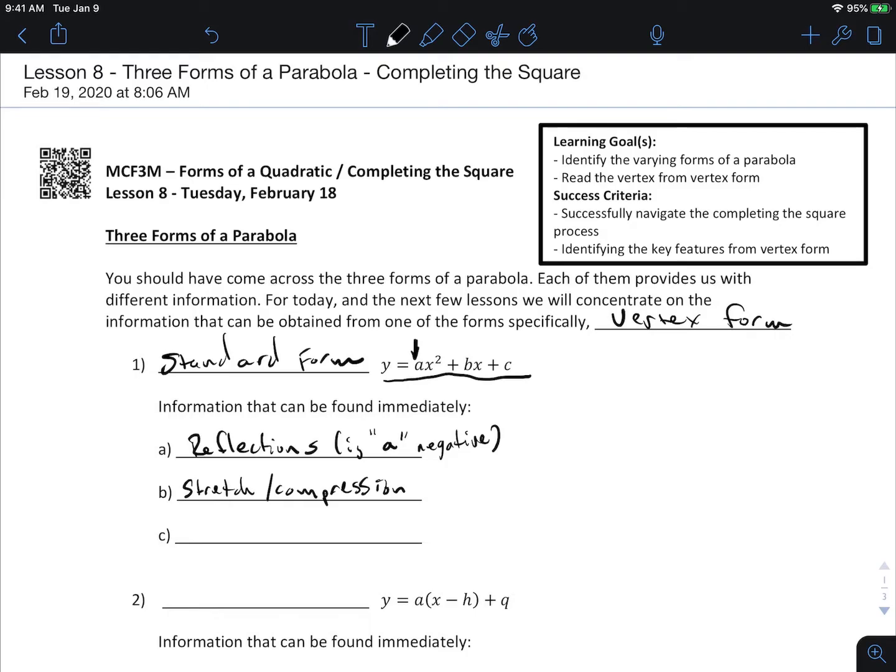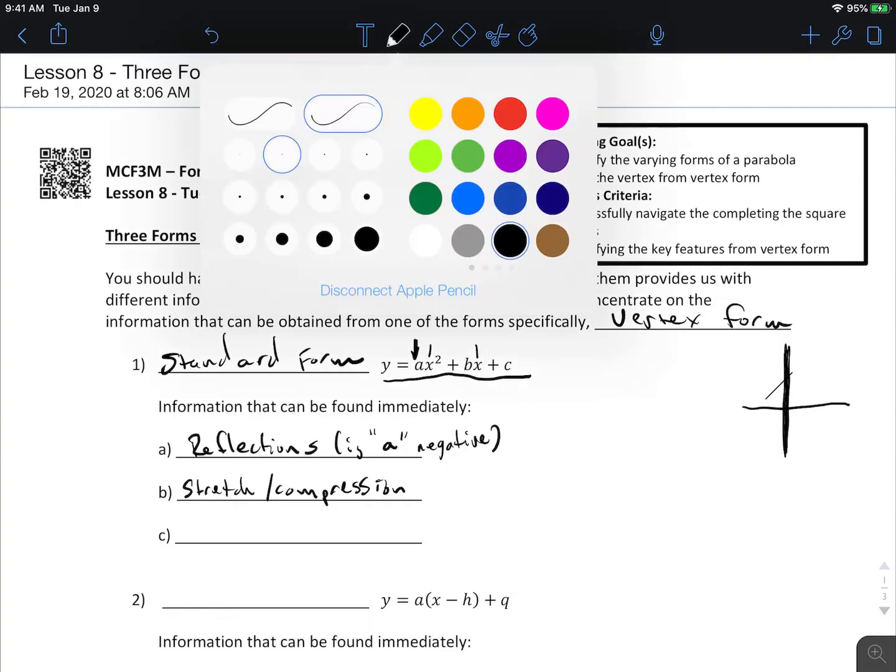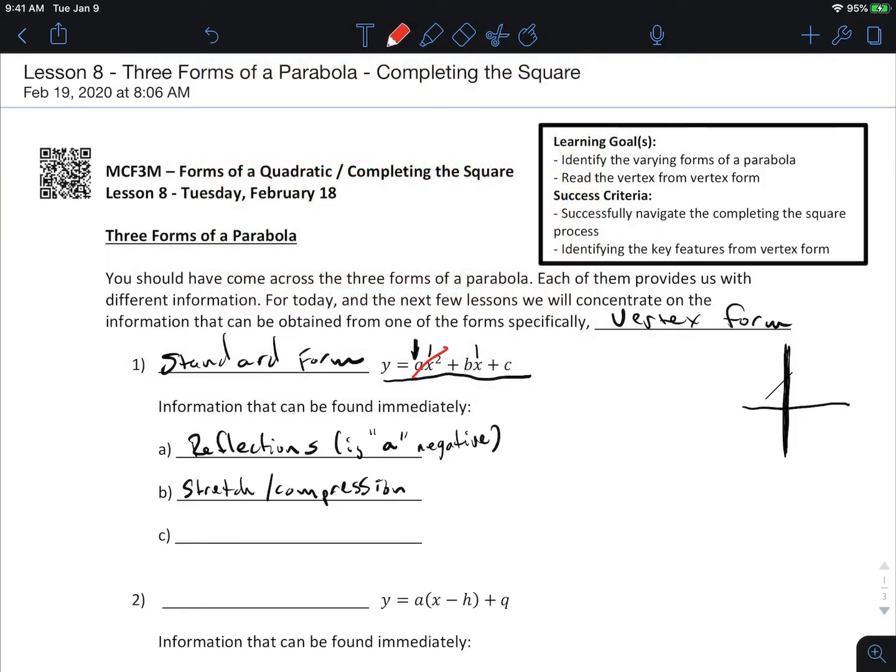What happens if I plug in x equals 0? If you remember, if I plotted this graph, x equals 0 is here. So if I plug in x equals 0, it's going to tell me where the graph crosses the y-axis. If I plug in 0 for x, these 2 terms are going to disappear, and all I'm going to be left with is the c value.